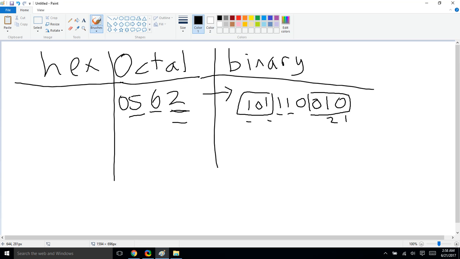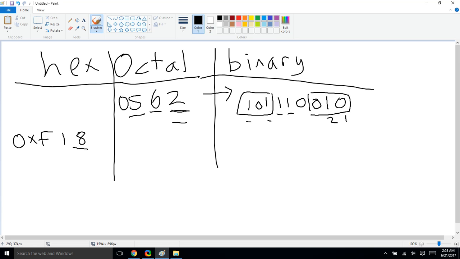Let's try hex. So we'll do a number like F18 as a hex number. The rule for going from hex to binary is that each digit is 4 bits.